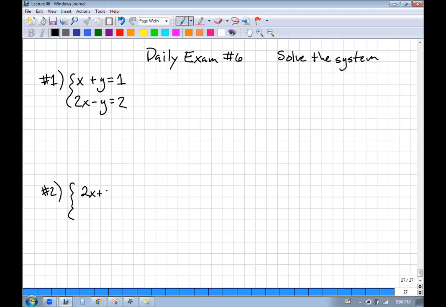Number 2: 2x plus y equals 2 and 3x minus 2y equals 4. All right, there's your exam. Substitution or elimination, whichever way you want. Okay, there should be one unique solution, I'm pretty sure. It's possible these could be parallel, I don't know. So there's either one solution, no solutions, or an infinite number if they are the same line.